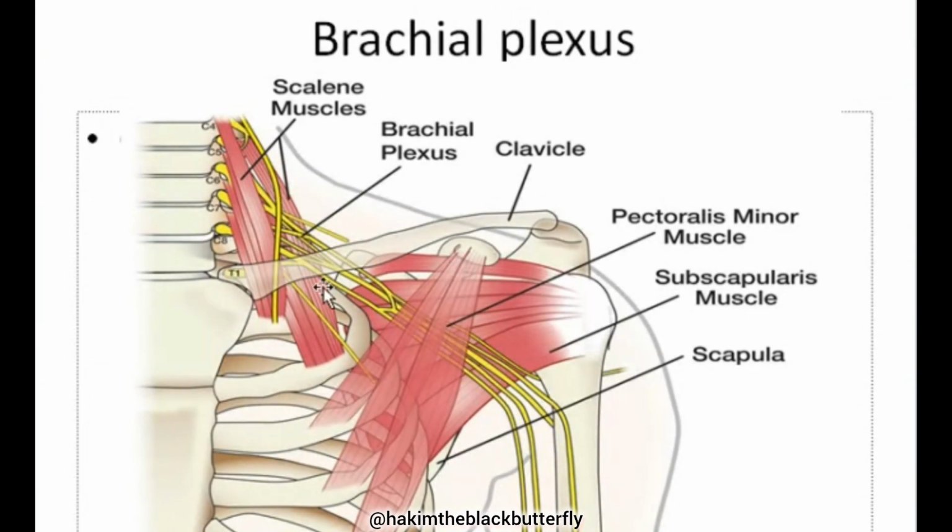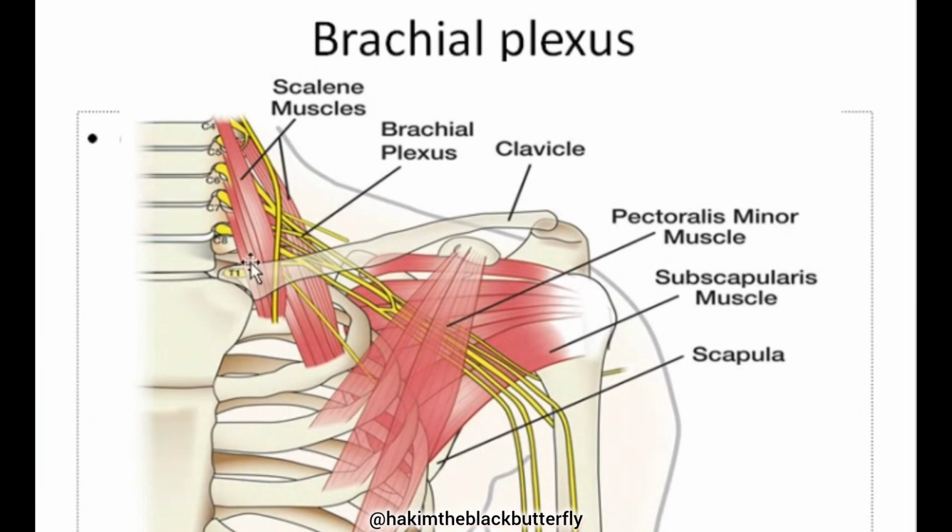When you look at our anatomical images, the nerves are usually colored yellow. So you can see here, between the neck and the shoulder, there is a network of nerves which are coming from the spinal cord, which is contained within the vertebral column. They come from the spinal cord, these nerves, and then they pass through the base of the neck and the armpit, which is the axilla, and then these nerves proceed down to the upper limb to supply it.